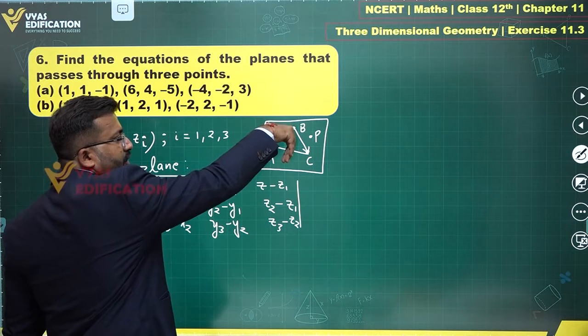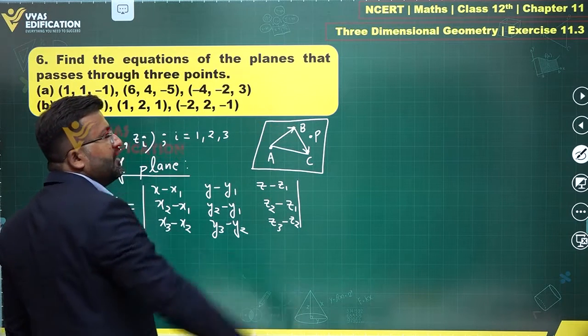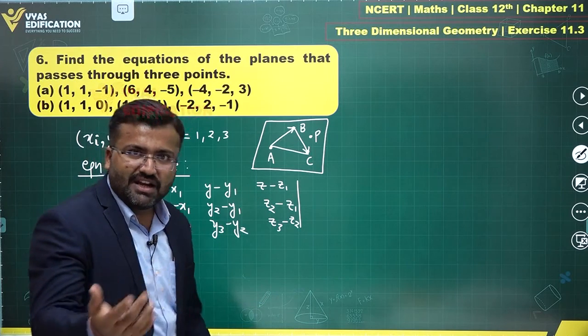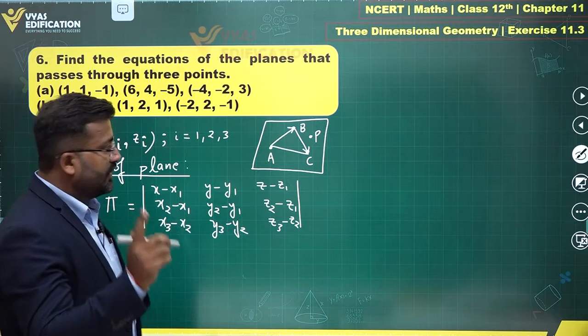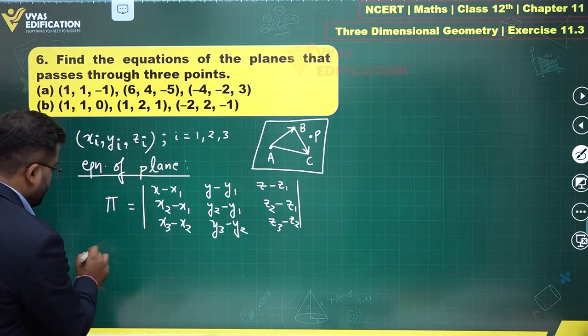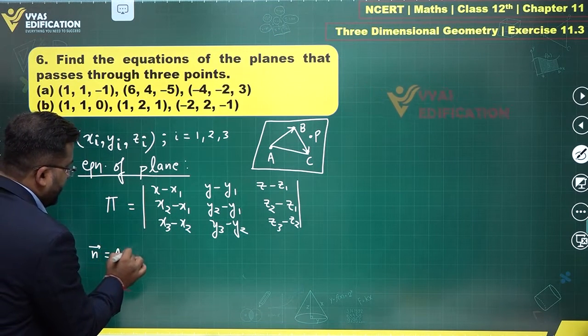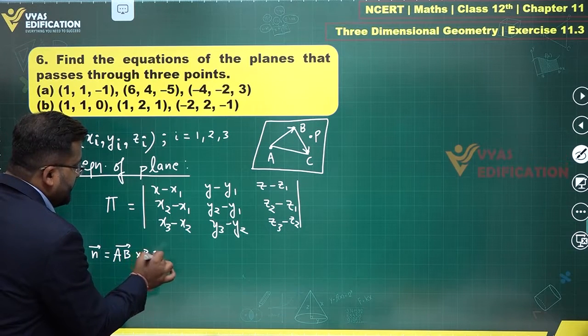Pointing in this direction, rotating through BC, and this will give me the normal of the plane. Oh, this goes inside, doesn't make a difference, right? So that will be normal for the plane, AB cross BC. So the n vector is AB vector cross BC vector.